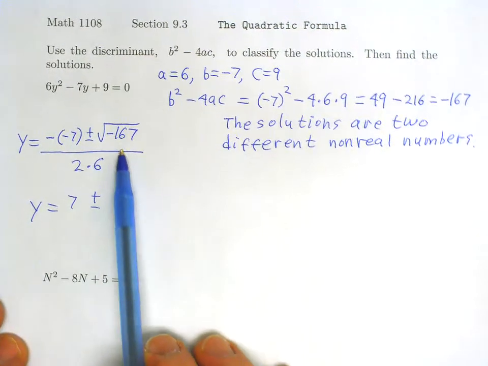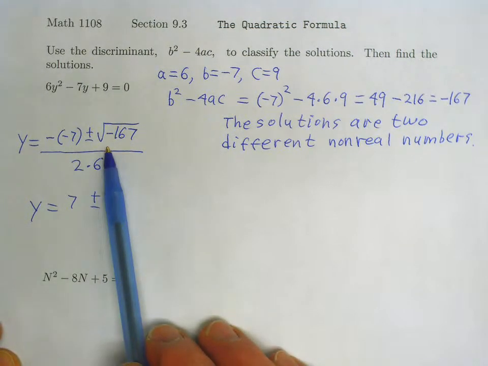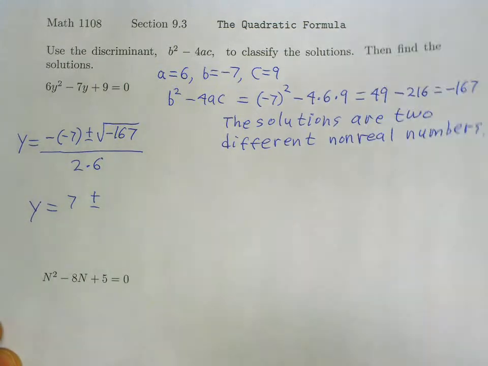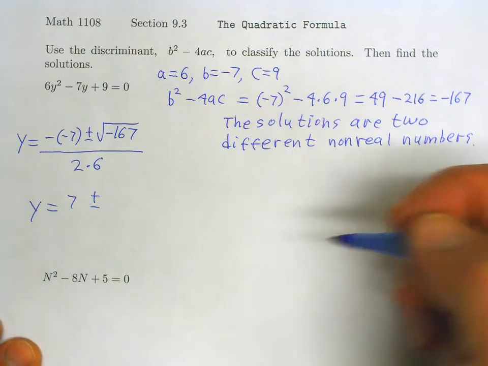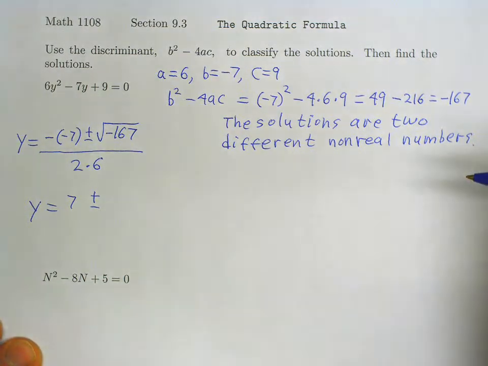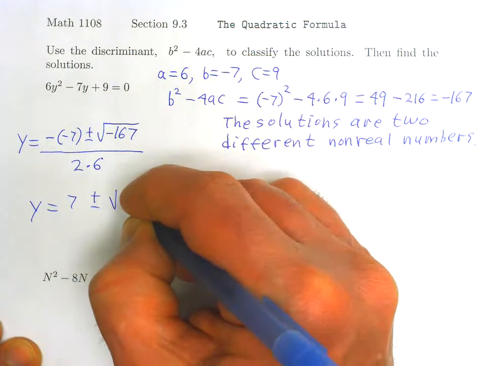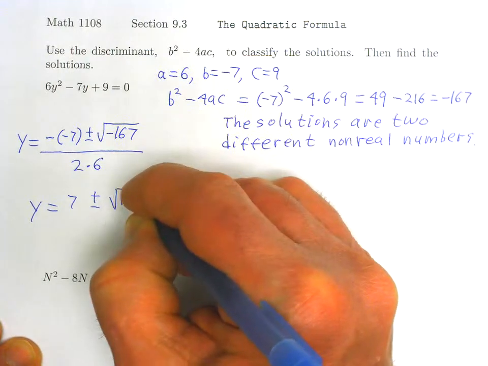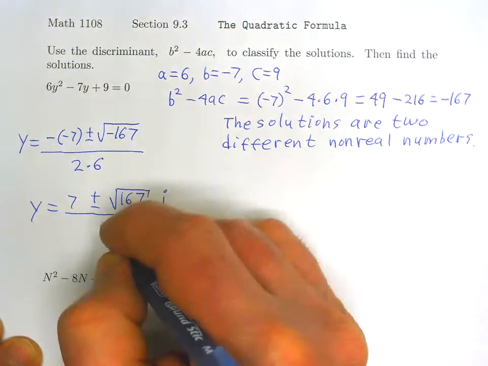And then we know how to handle square roots of negative numbers now. Think of the square root of -167 as the square root of +167 times the square root of -1. But instead of writing the square root of -1, we'll just write i. So this is 7 plus and minus the square root of 167 times i, all divided by 12.